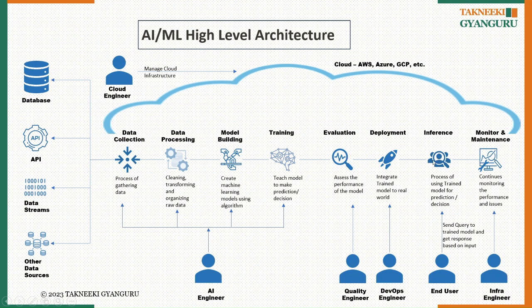Once it is done, it is moved to production, the place where the end user can access it. It will keep continuously monitoring the system or model for performance or other issues.